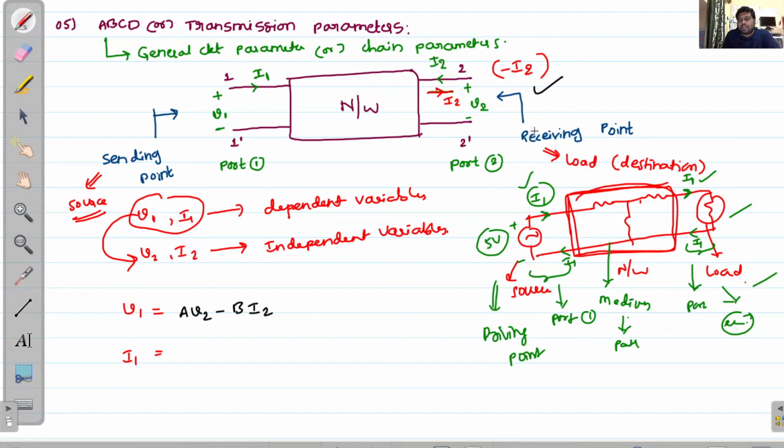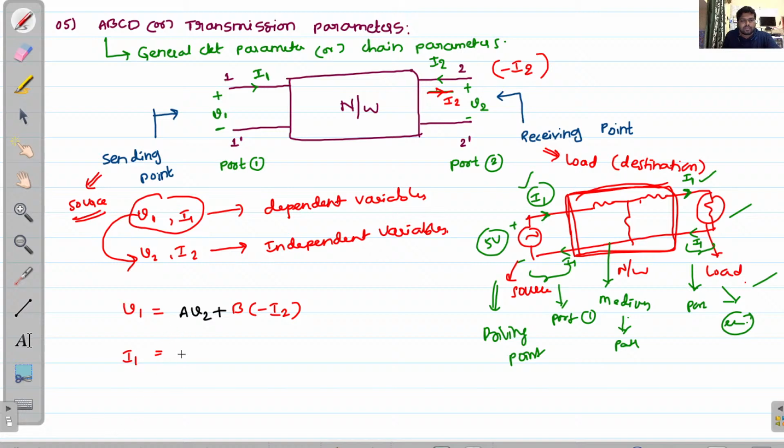Because according to our assumption the current direction is like this, but based on our standard model I2 is in reverse mode, so that's why I'm taking minus I2. So A V2 minus B I2. Otherwise you can write it as A V2 plus B times minus I2. That is better, right?